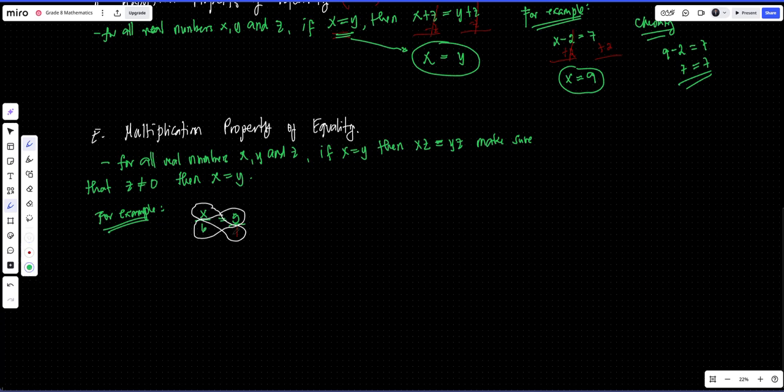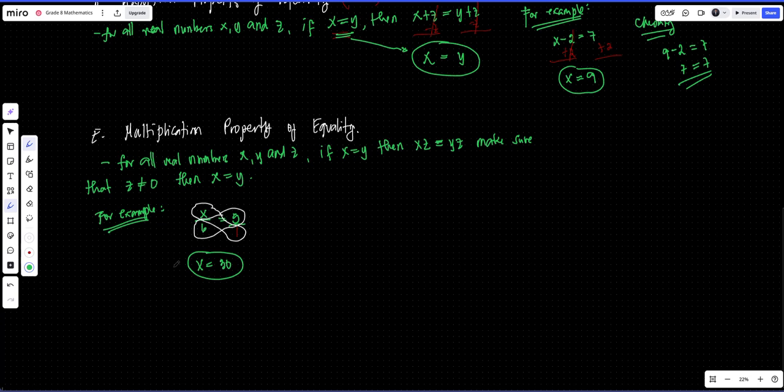So x times 1 that is equal to x while 6 times 5 or 6 multiplied to 5 that is equal to 30. So this means that the value of x natin is equal to 30.